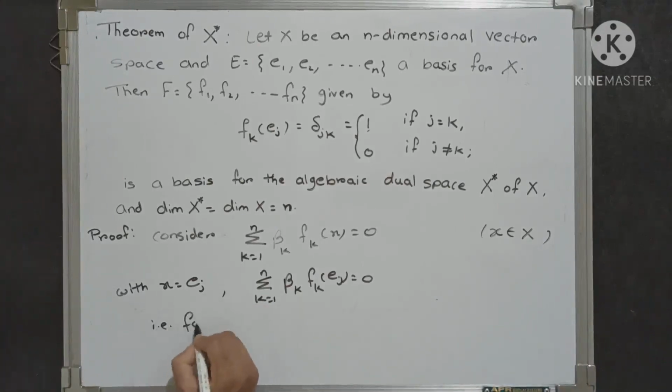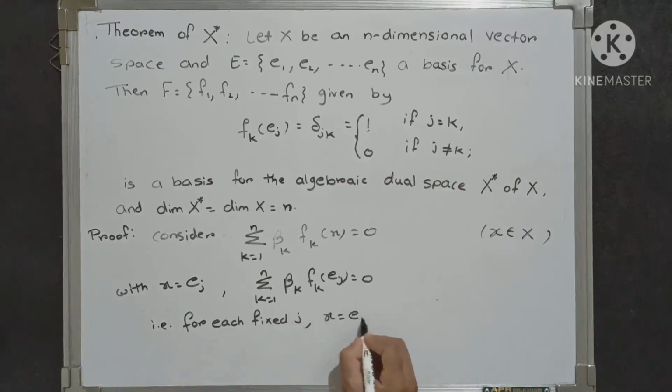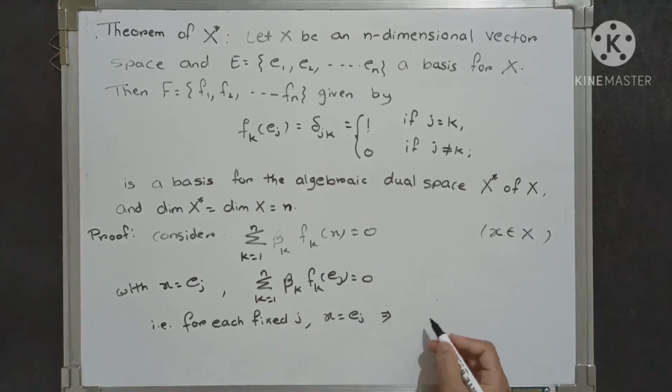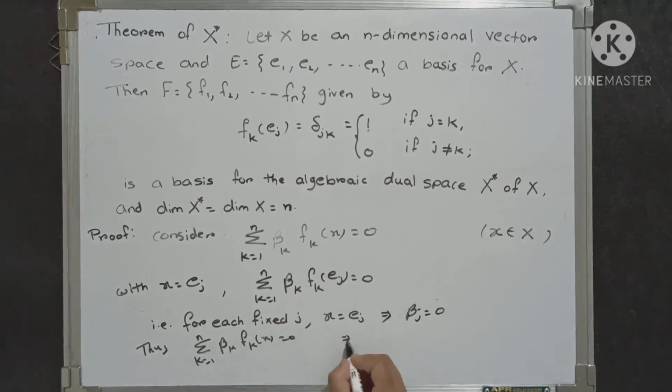That is, for each fixed j, x equals Ej implies that beta j equals 0, and thus the summation k from 1 to n of beta k Fk of x equals 0 implies that all beta j's are 0.